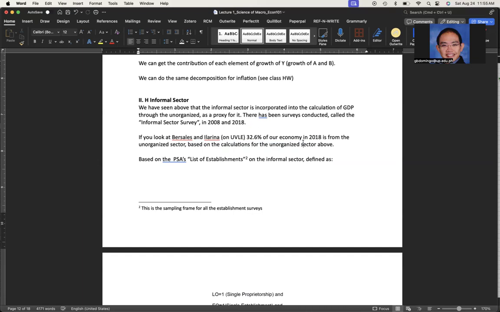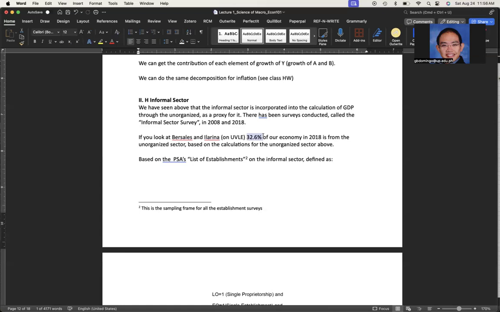If you look at the discussion on GVA of unorganized, you can do that per year, and you'll find that in 2018, their latest, and even for the current GDP for 2024, although they don't release publicly what the unorganized share is all the time. What they found is that if you take the share of unorganized to total real GDP, it's 32.6%.